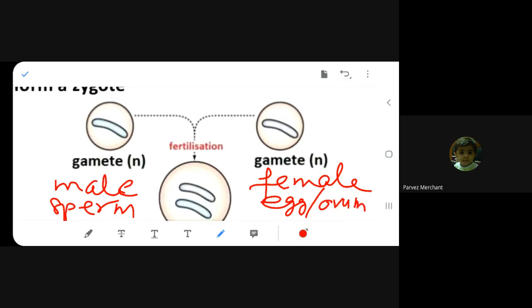They are uniting. So this is one set of chromosomes and this is again one set of chromosomes. So we are getting one set from Papa and one set from Mama, one set of chromosomes from both the parents.